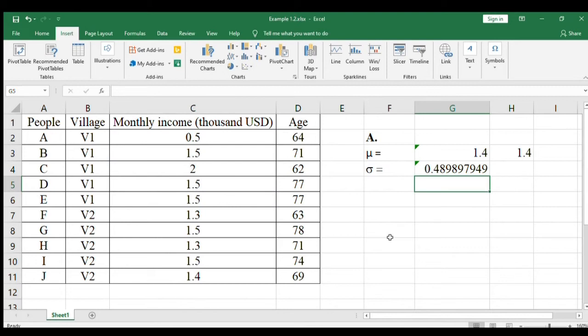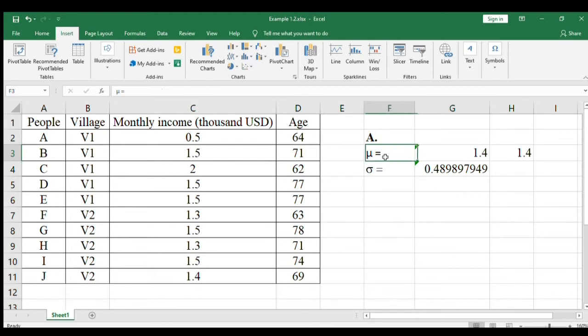So the standard deviation of income of all the people living in village V1 is $0.489,000.